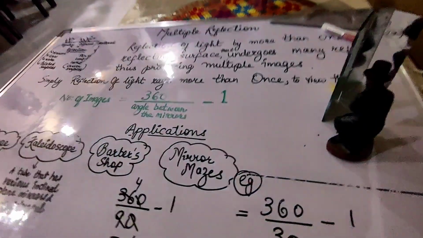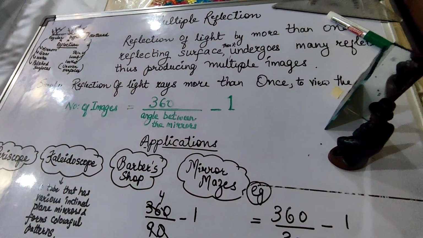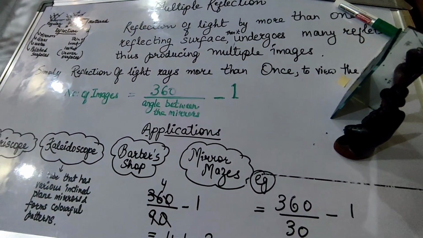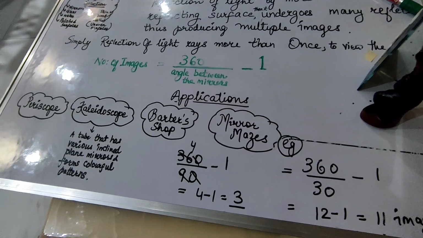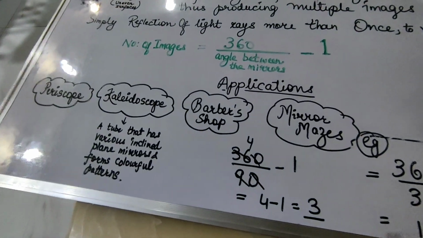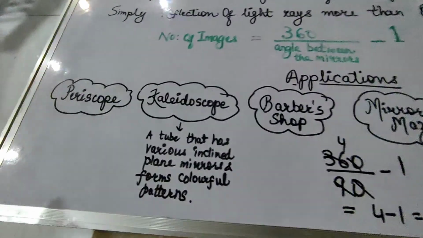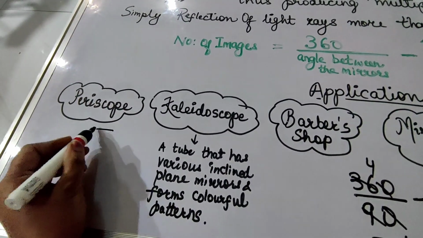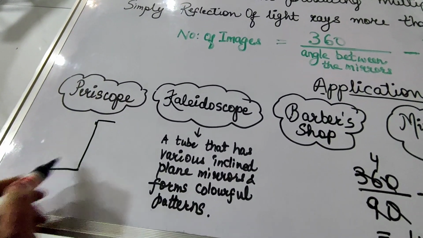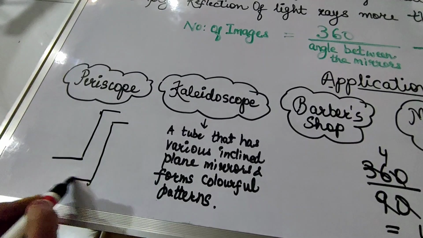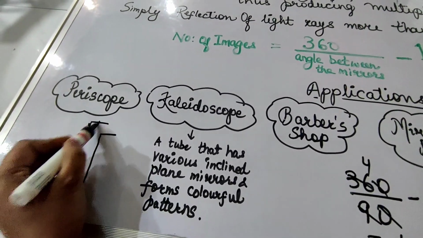Now this is all about multiple reflection when it is happening many times. Applications are very important. The periscope, you might have seen the periscope. It is again a tubular structure used in submarines. It is roughly like this. Here one mirror is kept.